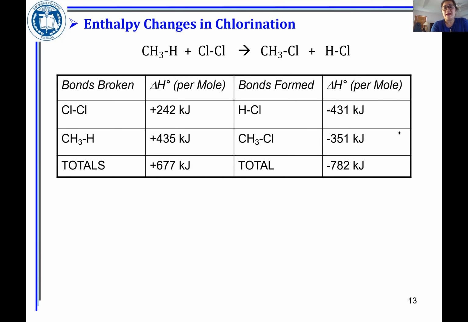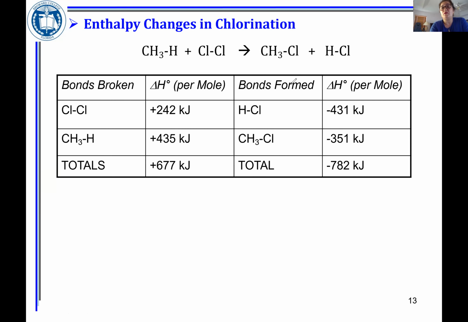The delta H value for different bonds is different, but it's the same for formation and dissociation. But when you are doing dissociation, the delta H sign is going to be positive. If it's negative, that means the two chlorines bond together, they create the Cl-Cl bond, and then you get that energy back, which is negative.